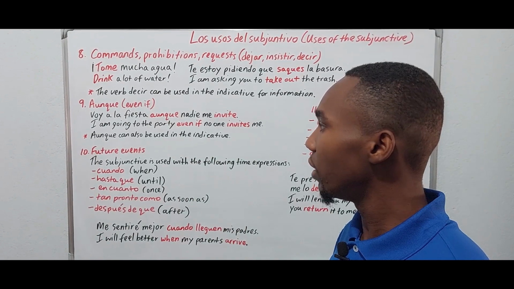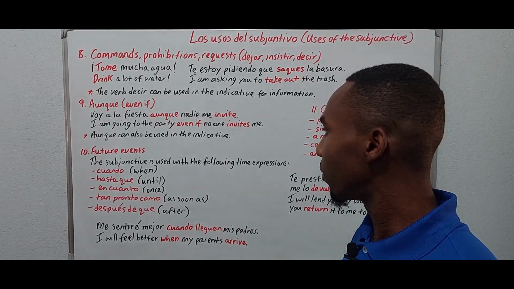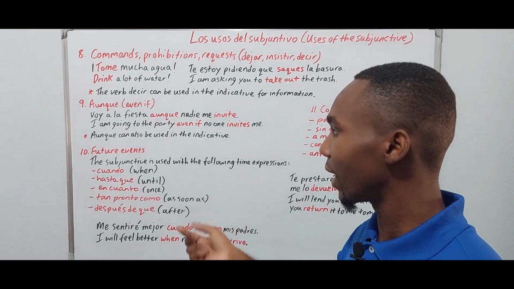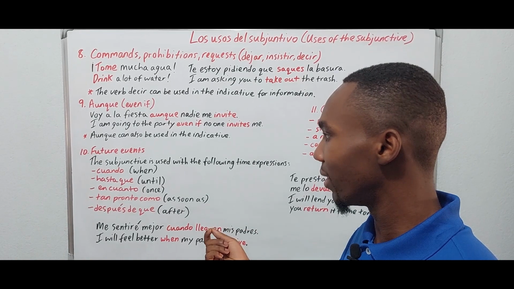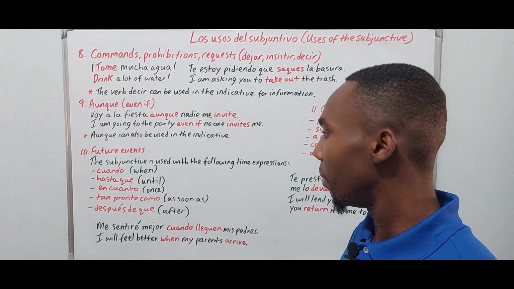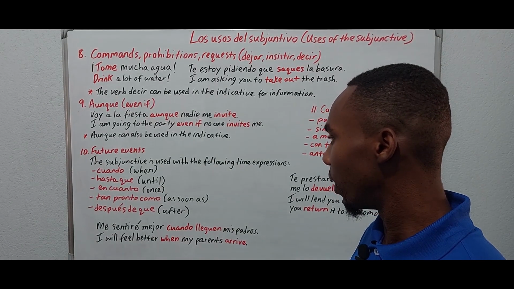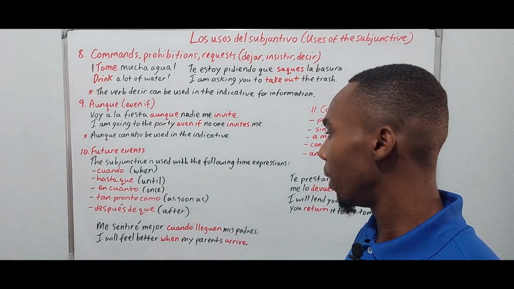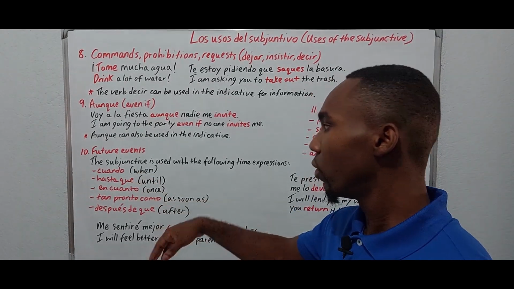Number 10. Future events. The subjunctive is used with the following time expressions: cuando, hasta que, en cuanto, tan pronto como, después de que. For example, me sentiré mejor cuando lleguen mis padres. I will feel better when my parents arrive. So the time expression here is cuando.